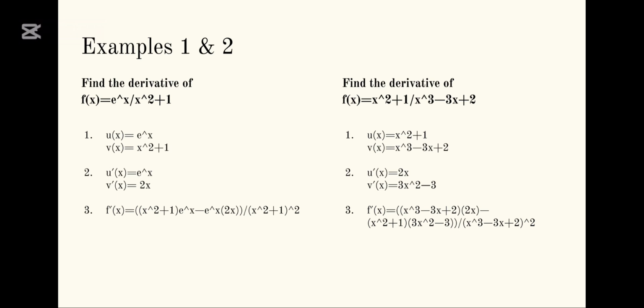So the final answer, the derivative of f of x equals x cubed minus 3x plus 2 multiplied by 2x minus x squared plus 1 multiplied by 3x squared minus 3, that's going to be the numerator, and all of that is going to be divided by x cubed minus 3x plus 2 all squared.